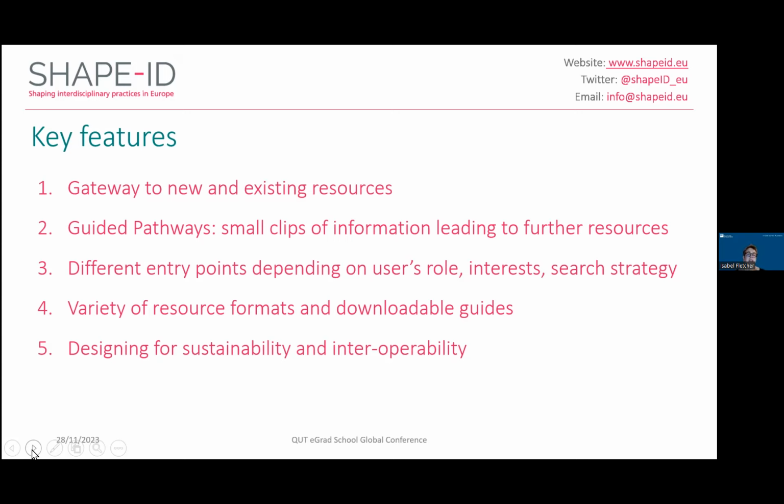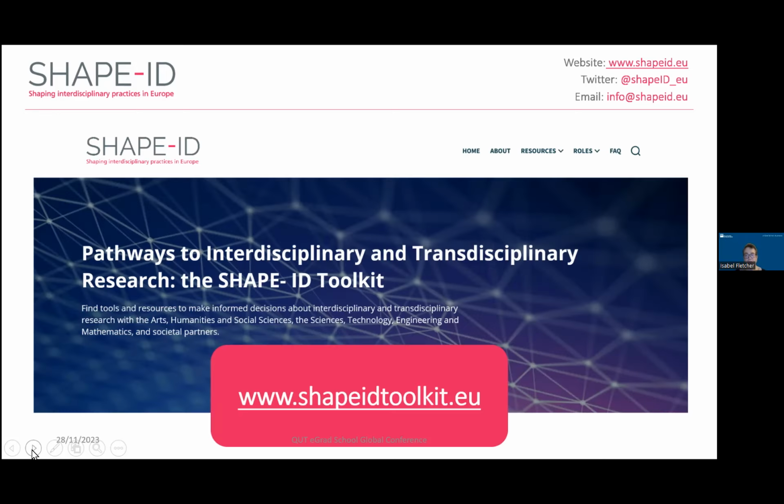And we did try and design it for sustainability. That's an ongoing issue. So this is what the toolkit looks like, and that's the website address. Please do go have a look if you think this sounds interesting and useful.